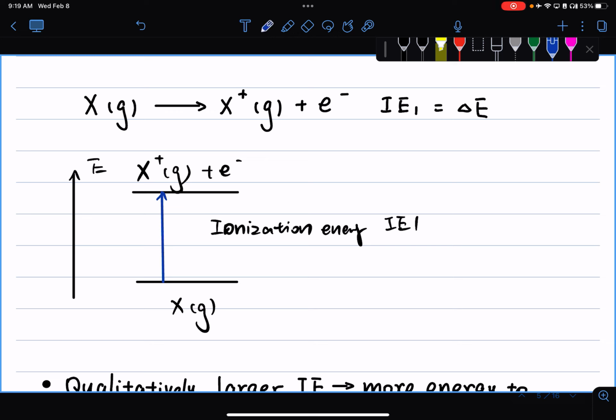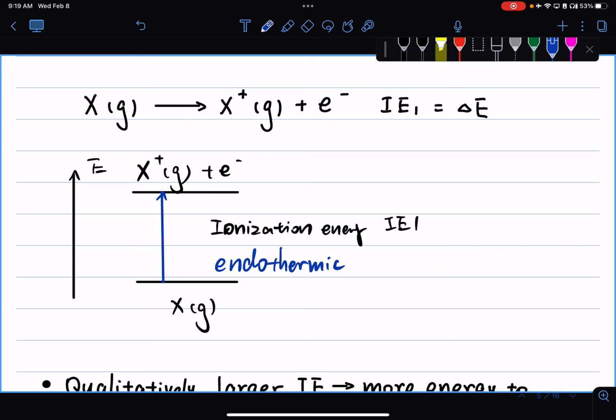And this process is an endothermic reaction. So every time we call it endothermic, we're saying this is a positive number. The delta G of this process is positive.